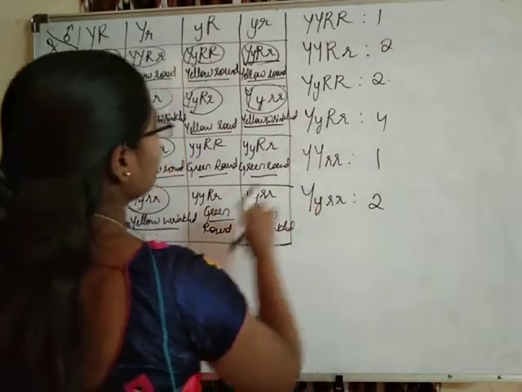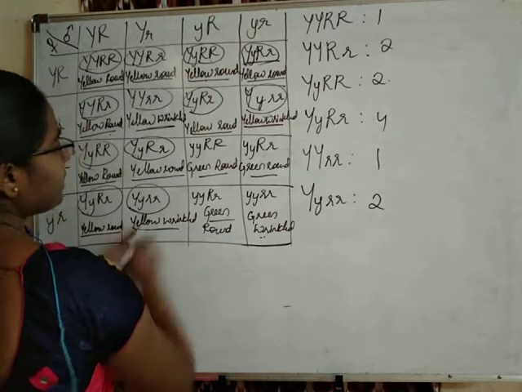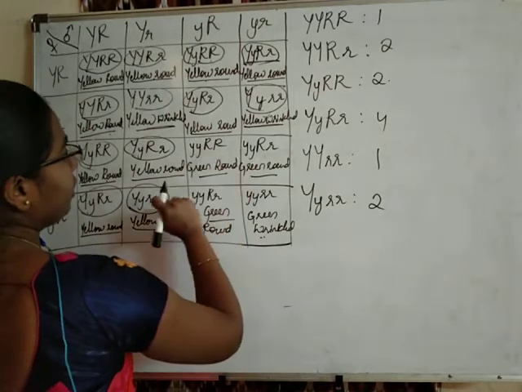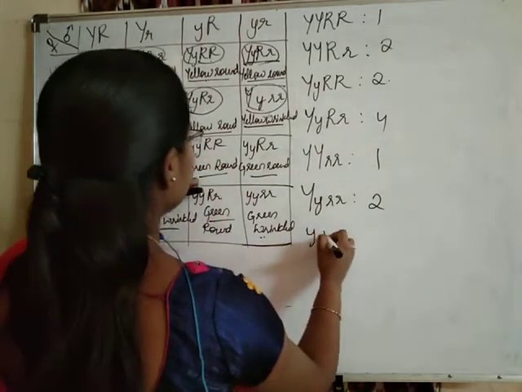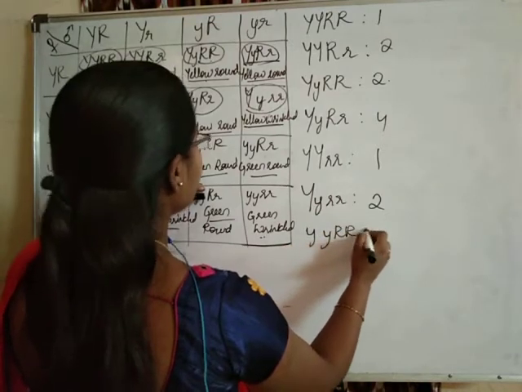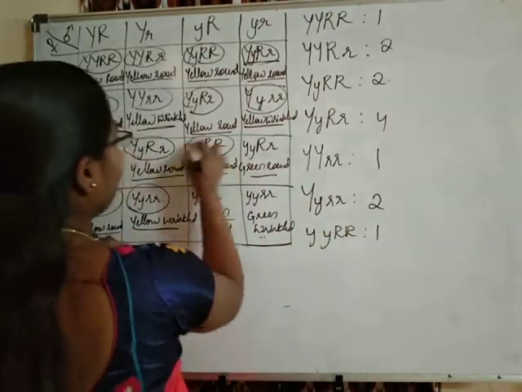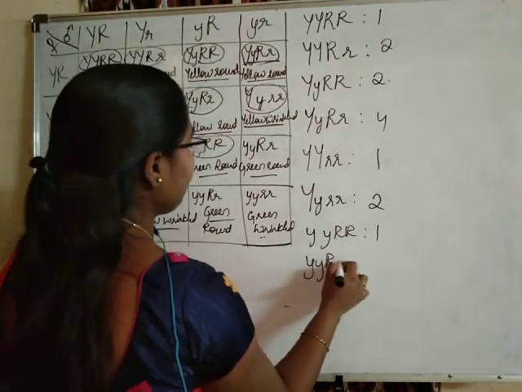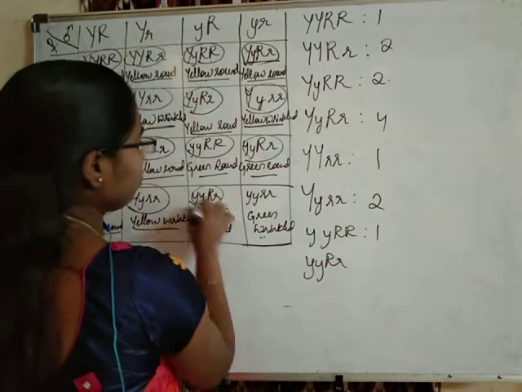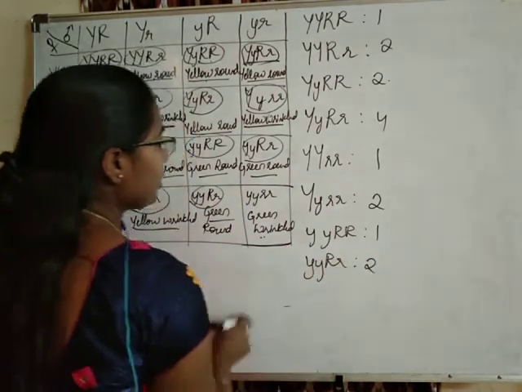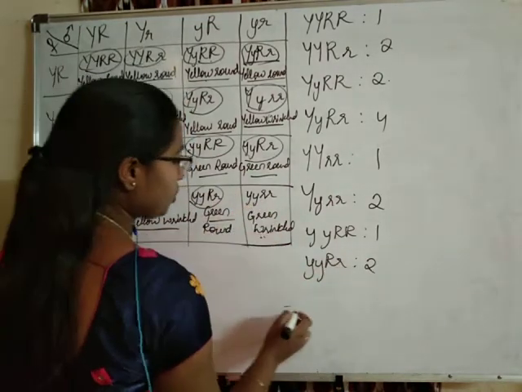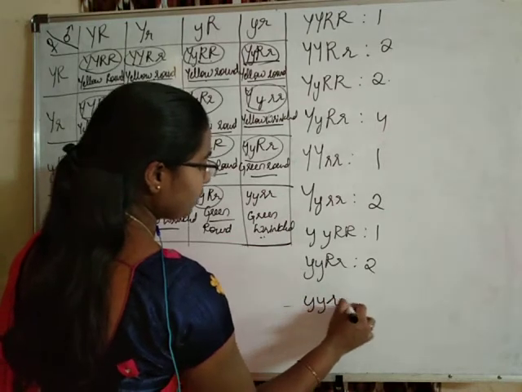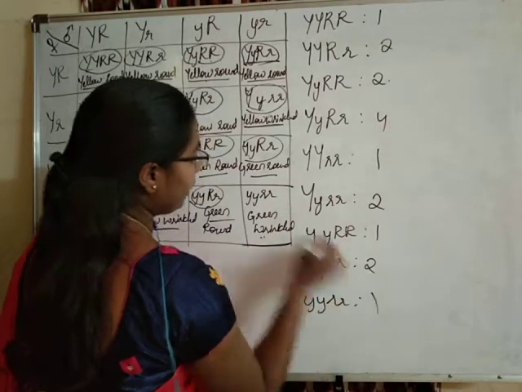We found 2. Then we will see small y capital R, small y capital R. So we have only 1. Then we have small y capital R small r, 1 and 2. So this will be 2. So small y small r, small y small r, this is only 1. Okay.